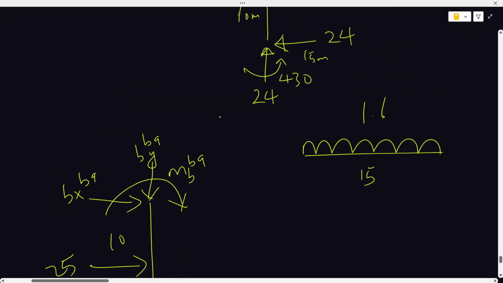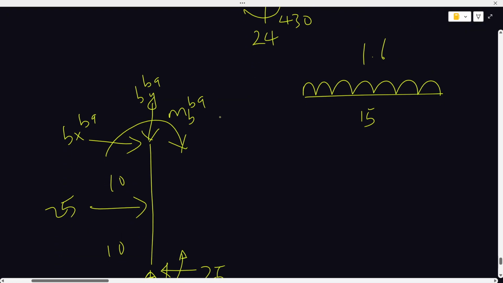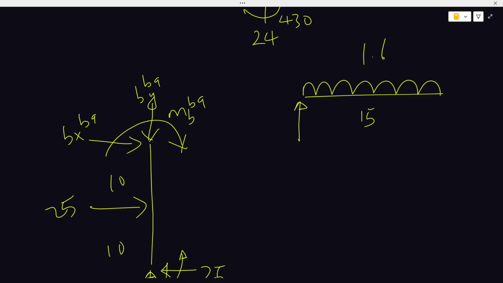Now, similarly, applying Newton's law, we can see that BY, we can put another arrow here because it is counteracting this one. We just need to be smart in assuming. Now, we will say BY, also in the Y direction, but now it will be BC because this is member B and C. You get?